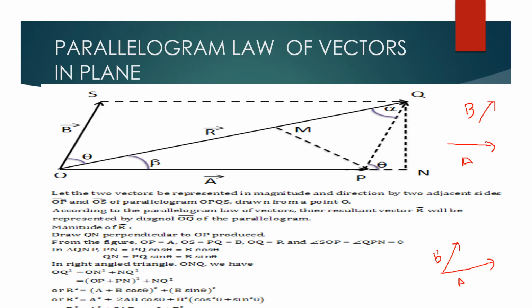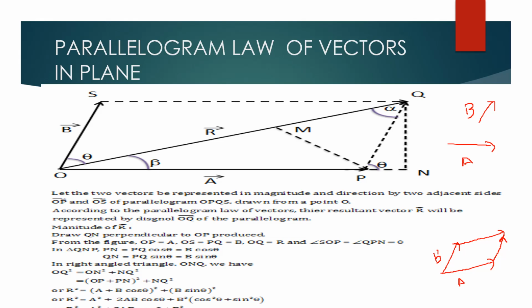Now how to find out the resultant? Both of them are moving in different directions. So for this we will draw the parallelogram by drawing a parallel line to vector A. From here we will draw the parallel lines. This is vector A parallel. Similarly, parallel line to vector B. And thus the resultant, now you can see the body is moving from here to here.